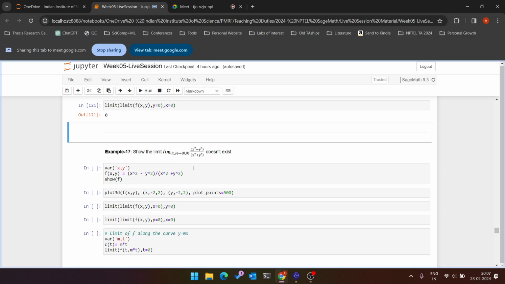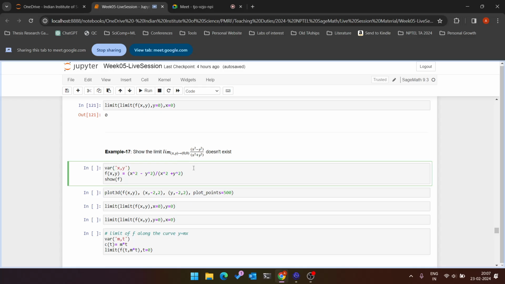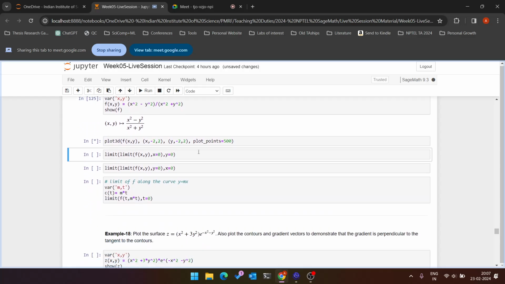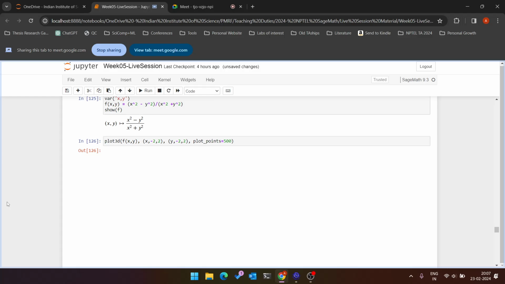For this problem, again, same approach: specify the variables, specify the function or the expression. Next, do a plot to get a feel of what's happening. So I've increased the number of plot points deliberately so that you can quickly see what is happening.